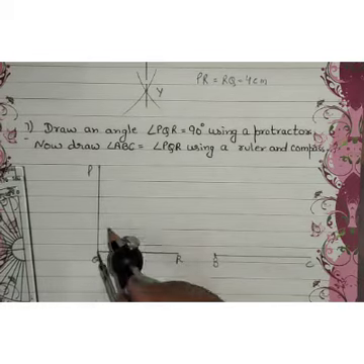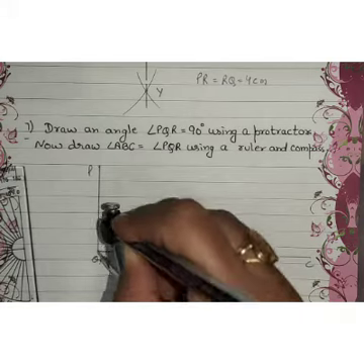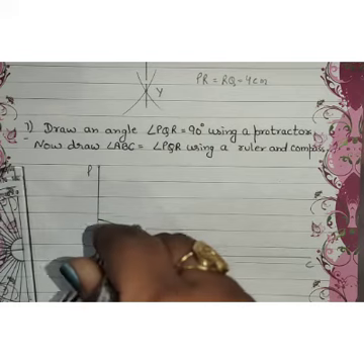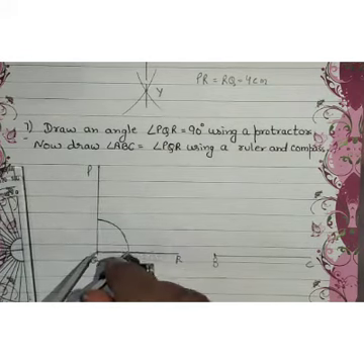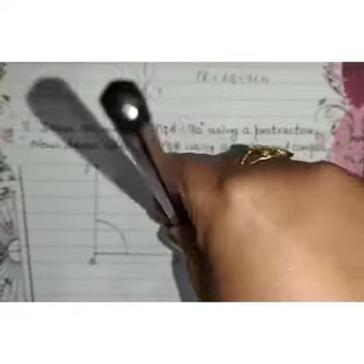Now at point Q, with center Q and a small radius, we draw an arc. Now at point B and the same radius, we draw another arc like this.